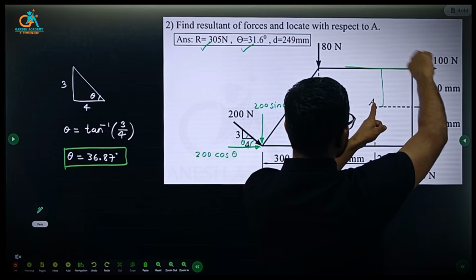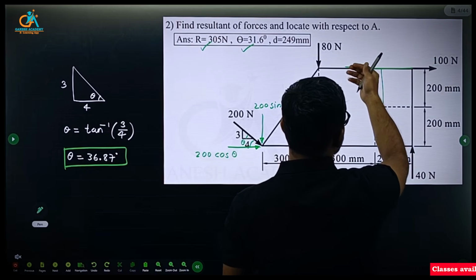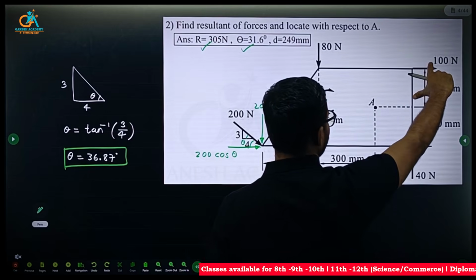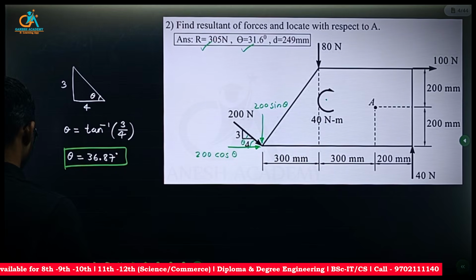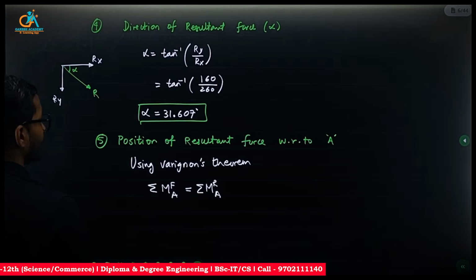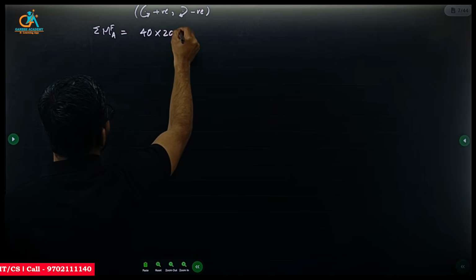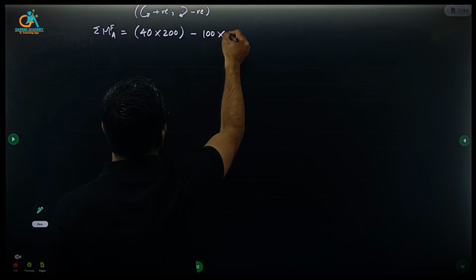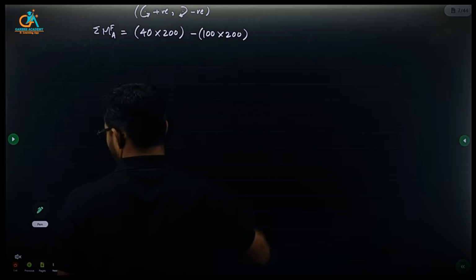So this force will produce clockwise moment about A, 100 into 200. So 40 into 200 anti-clockwise, so positive, and 100 into 200 clockwise, therefore negative.